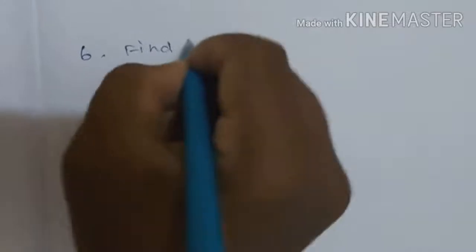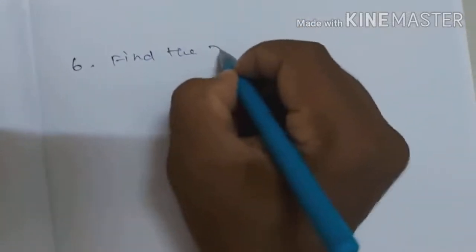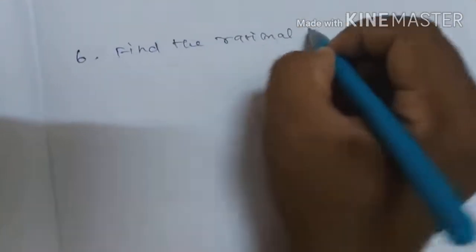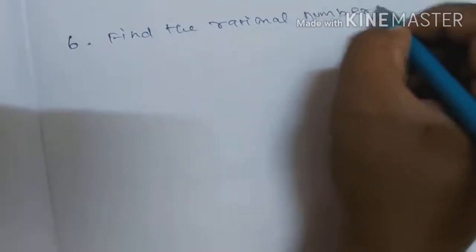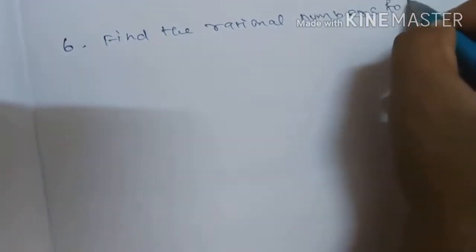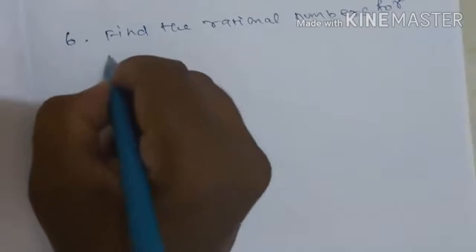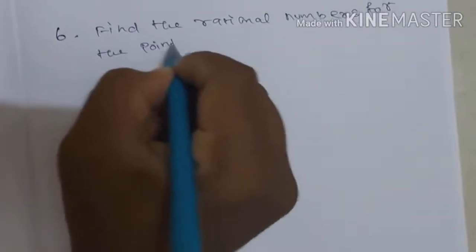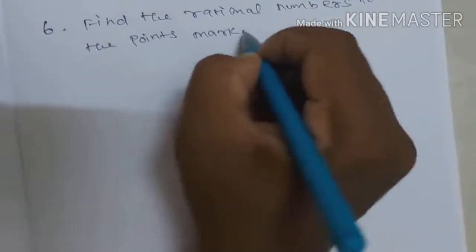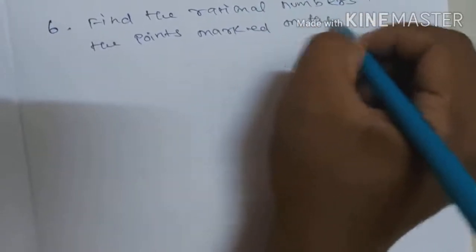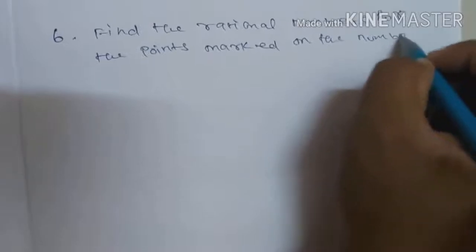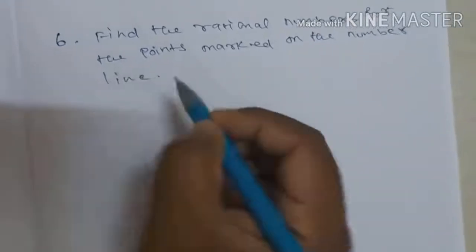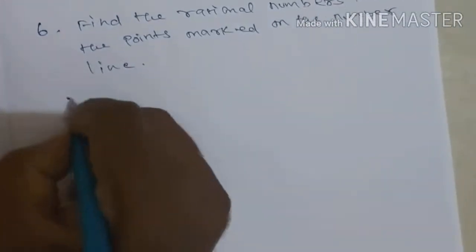Now find the rational number for the points marked on the number line. In your book, exercise 1.1, 6th Roman. The first one, see the image. Minus 4, minus 3, minus 2, minus 1, 0, 1. The value is in between minus 3 and minus 4.